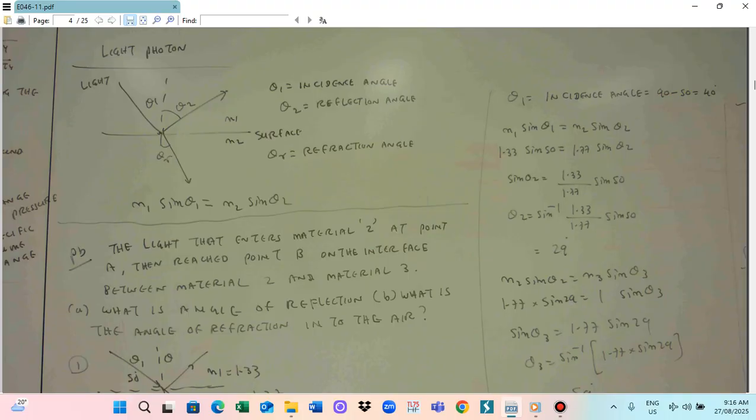Then some of the light will be reflected. So this is theta 2, the reflected angle, the reflection angle. Some of the light goes through and passes into the material. So this is the reflection angle, theta R.